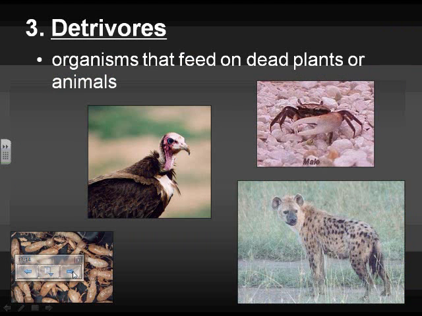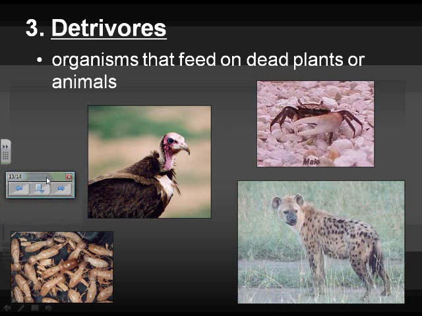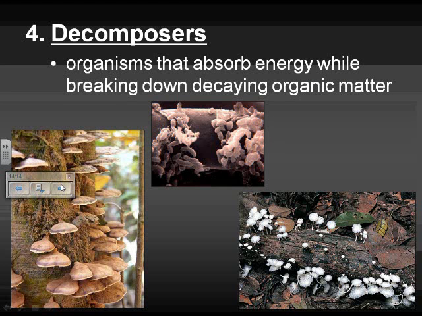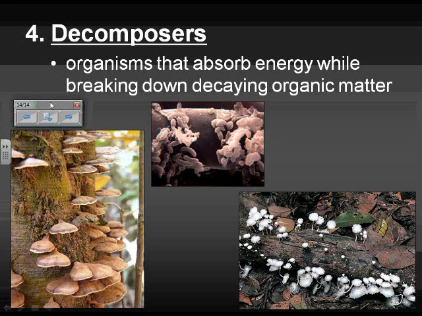Then we have detritivores. Detritivores is kind of our fancy word. I'm guessing that your middle school word that you used was scavengers, right? These are organisms that are going to eat dead plant or animal matter. They're going to be the ones that eat something that's already dead. Versus a decomposer. The key here is to recognize that a decomposer is not really eating.